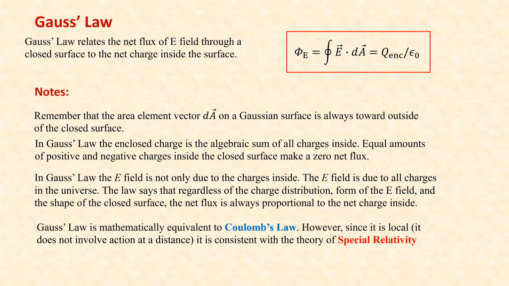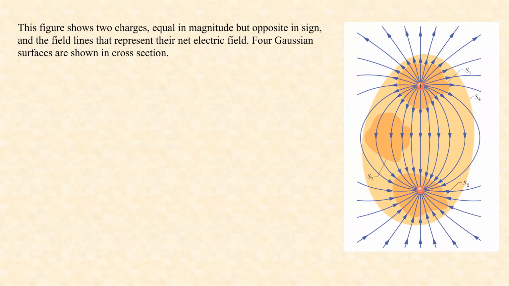Not only it is equivalent in nature to Coulomb's law, but Coulomb's law is not consistent with the special relativity, but Gauss law is. So that's why in modern physics, Gauss law is more important than Coulomb's law. Anyhow, so here are some examples of different surfaces. Any questions?